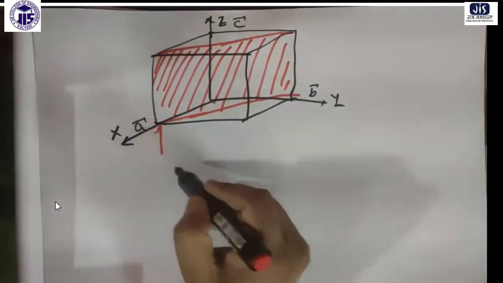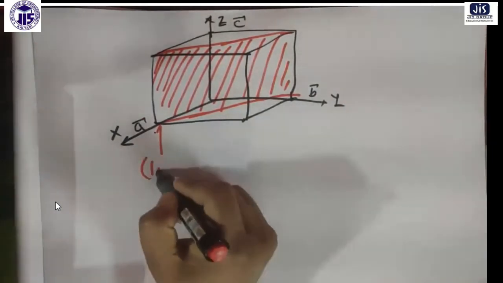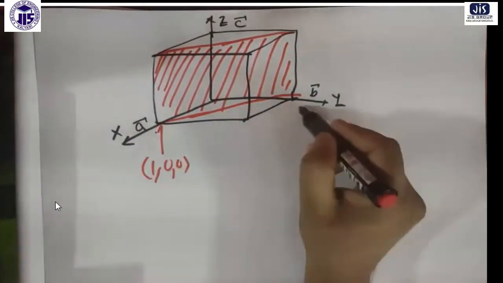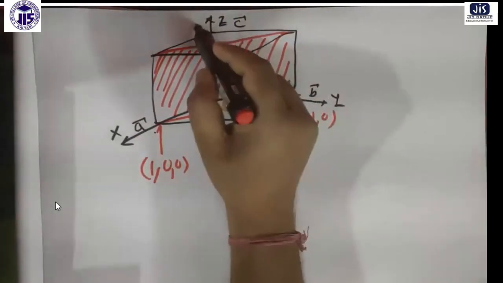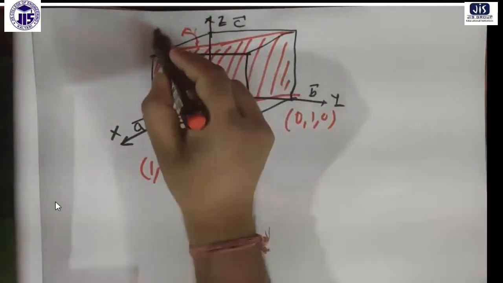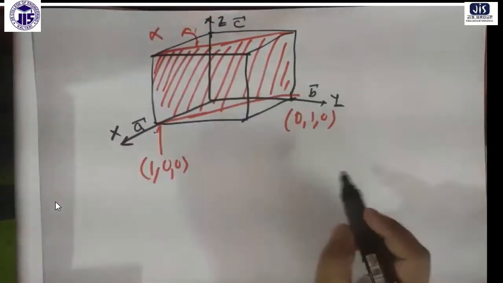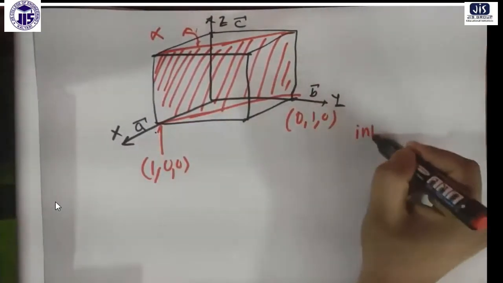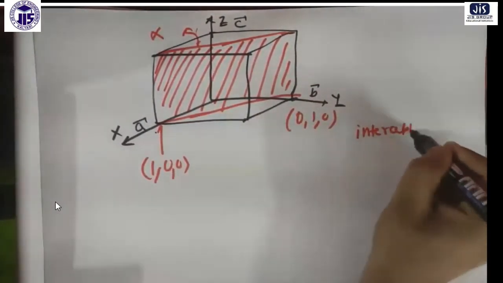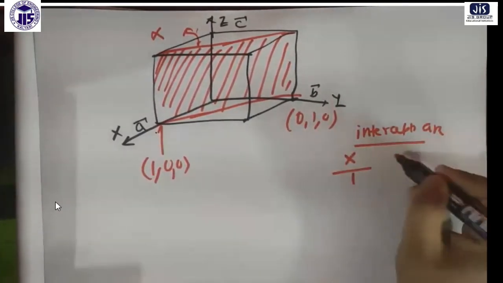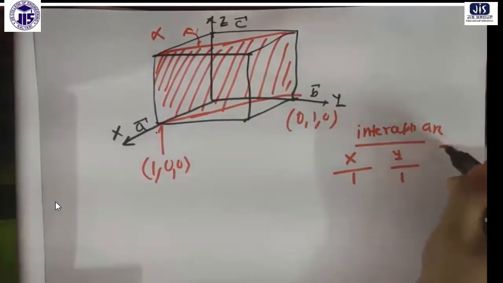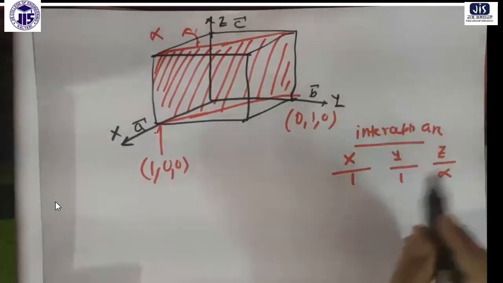So its intersection with x is at 100, y is also at 010, and with z it has no intersection, so it is at infinity. So the intercepts are along x 1, along y 1, along z infinity.